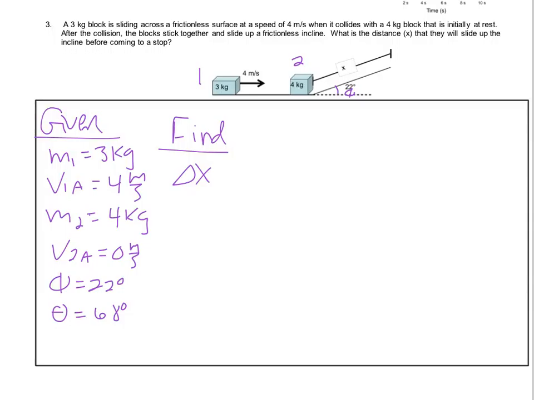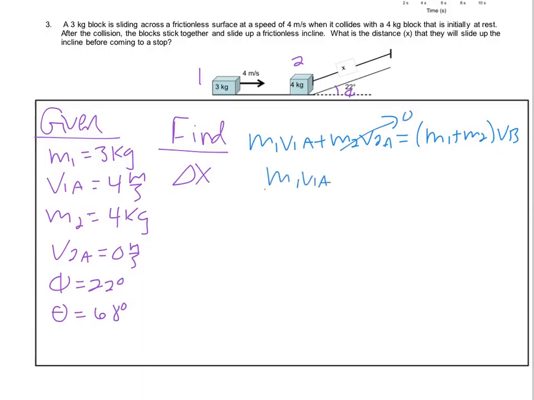We're going to start with momentum because we have a collision happening. So M1 V1A plus M2 V2A. This is an inelastic collision, so equals M1 plus M2 VB. And that's 0.